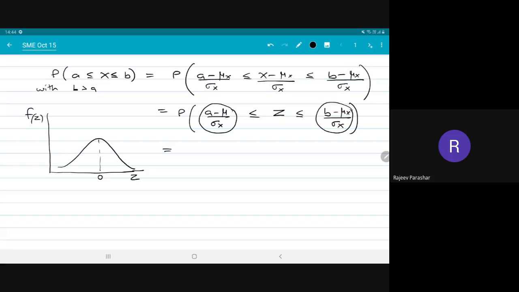I am taking arbitrary values here. This can be a minus mu of x by sigma of x. This can be b minus mu of x by sigma of x.